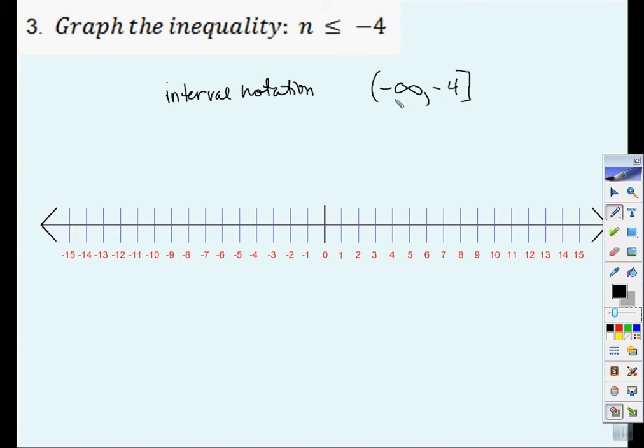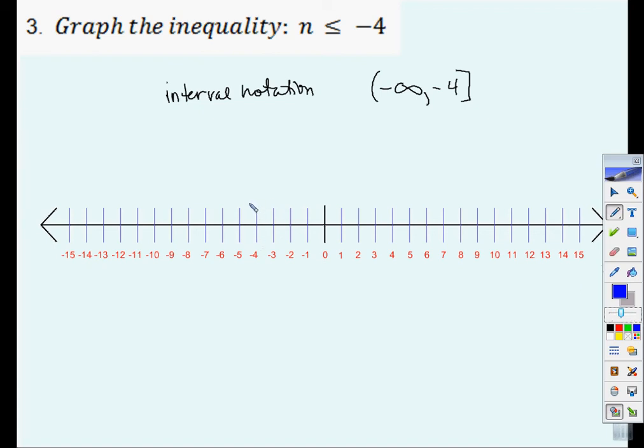So notice that for negative infinity and for infinity, we always use an open parenthesis. We can't include that number even when we have a less than or equal to sign or a greater than or equal to inequality sign, because it's a concept, it's not a number. But if I'm looking at the way that I would graph this on the line now, here's my number line, here's negative 4.